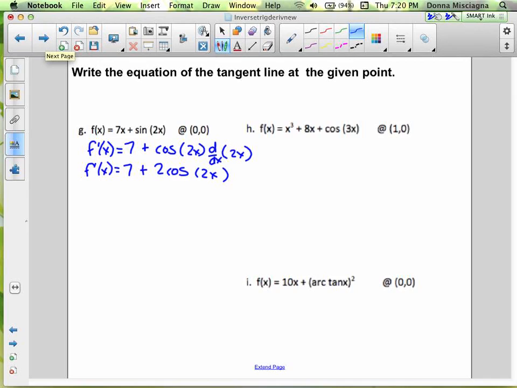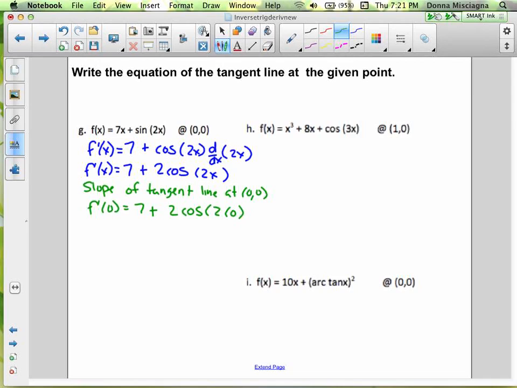All right, so now we're asked to evaluate. To find the slope of the tangent line, actually let me write that in. And actually write the point too. Slope of tangent line at 0, 0. All right, so that's going to be f prime of 0 equals 7 plus 2 cosine 2 times 0.